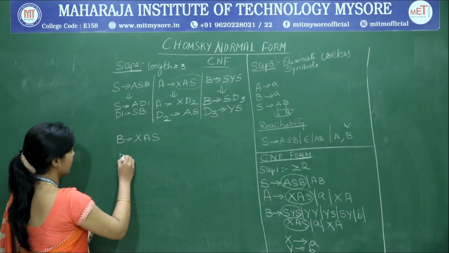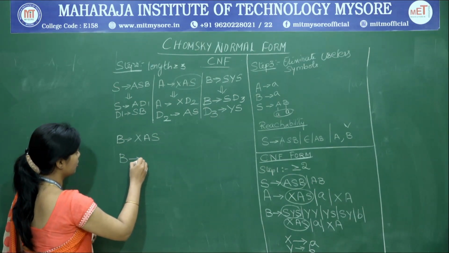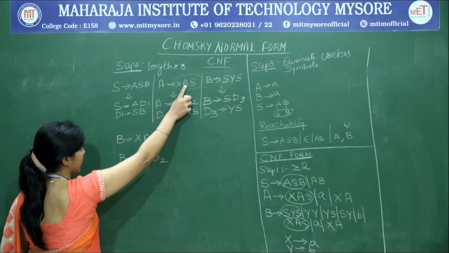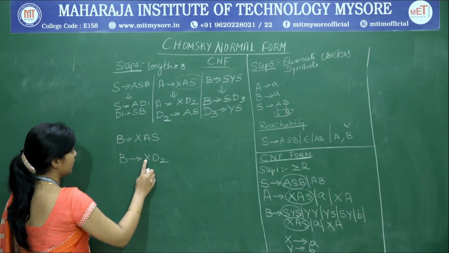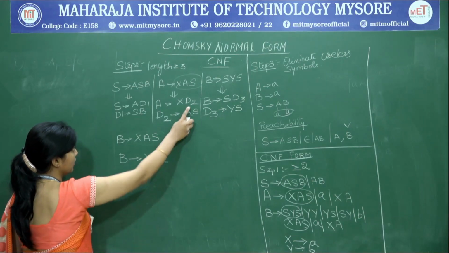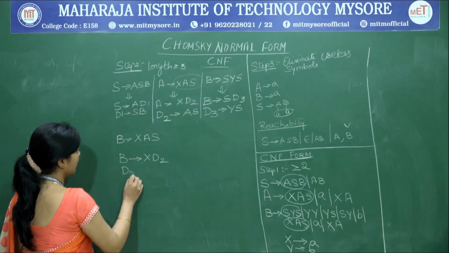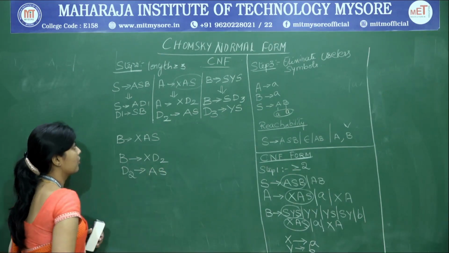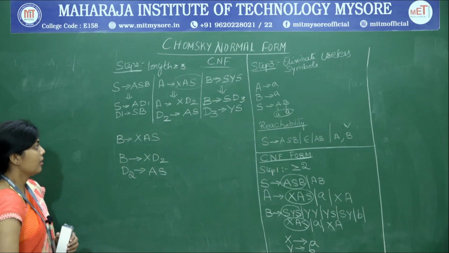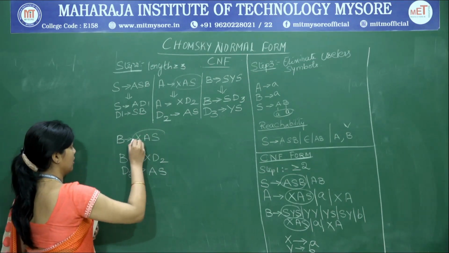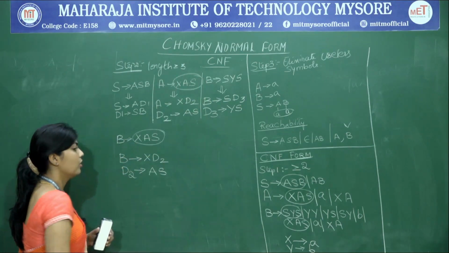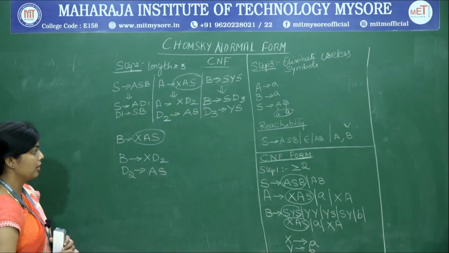So what we are going to do here is B goes to X D2. It is going to remain the same because XAS becomes X D2, the same variable, and then D2 goes to AS. So this is going to remain the same. Since the RHS are equal, there is no need to introduce a new variable.